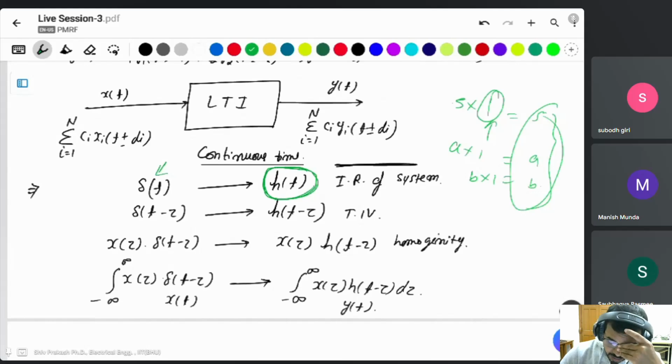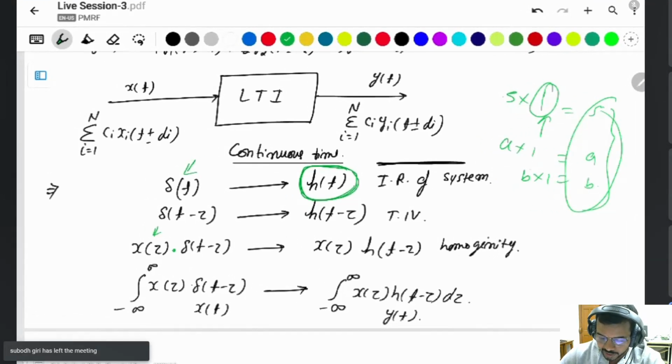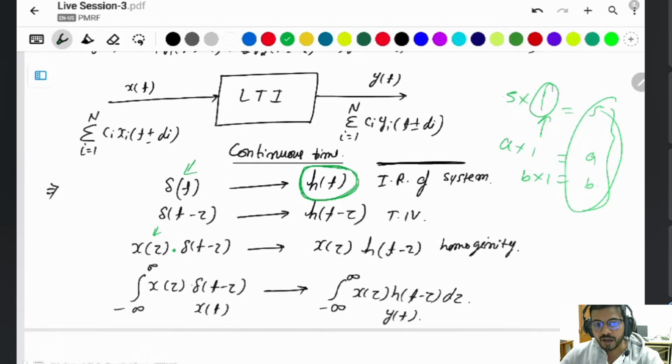Then if you multiply some other input, x(tau) or something else, that is also reflected in the output by the system.